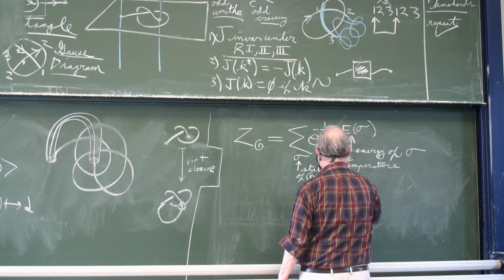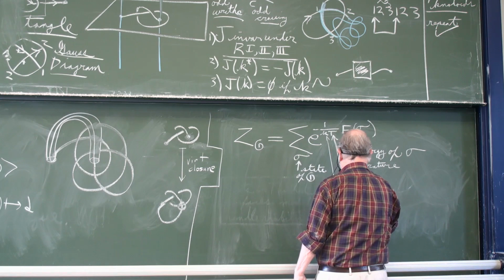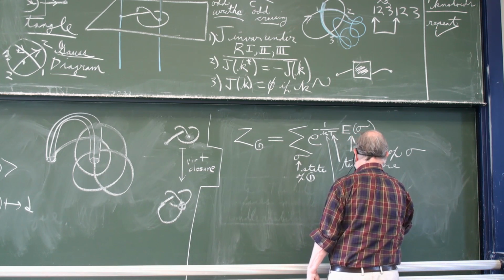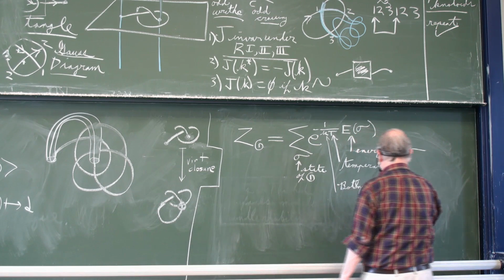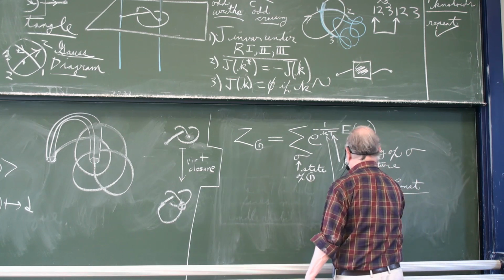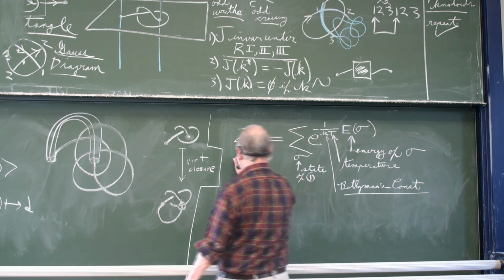And this constant is called Boltzmann's constant. And in actual physical applications, it has a value. And there are good physical reasons for exponentiating the energy, which I won't go into. You'll notice that if the energy is high, then this exponential is small. This is called the partition function.